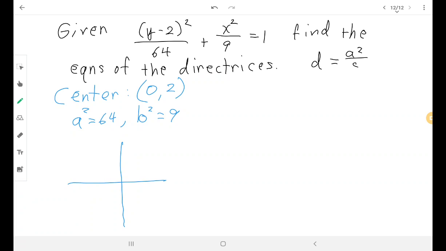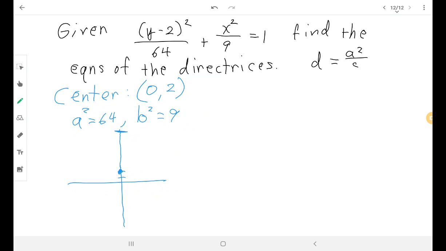We know it's taller than it is wide. It's at 0, 2, which is right there. That's the center. And we actually know the distance out to there is the square root of 64, which is 8.